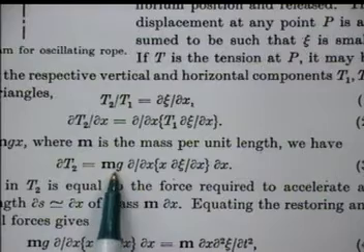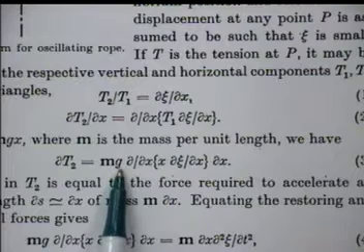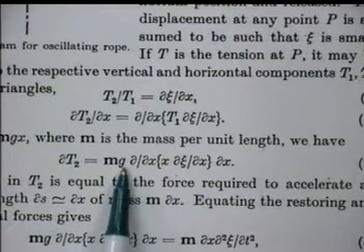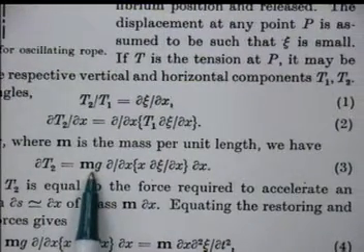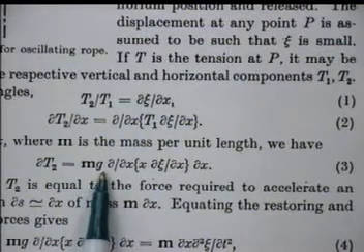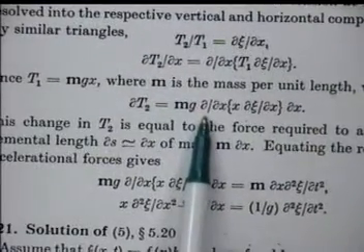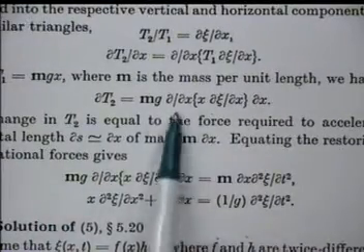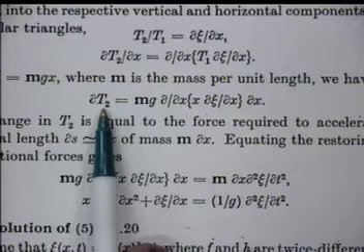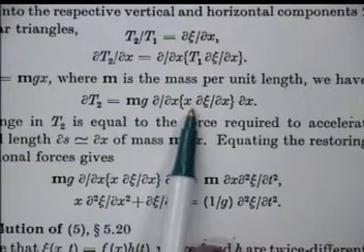So we can replace T1 with the mass per unit length times x. Now we still have the horizontal tension, but it's set in terms of the mass and the length up to that point.